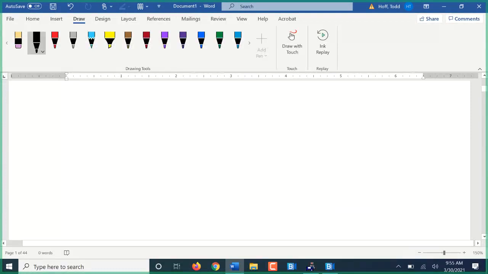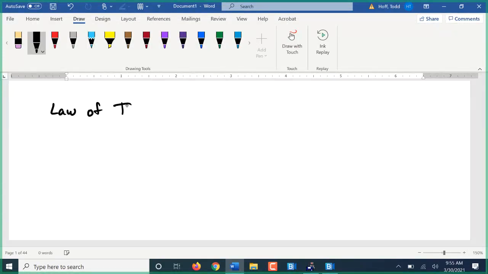We mentioned law of sines, mentioned law of cosines. What about law of tangents? Law of tangents is a thing. Law of tangents can actually be used in place of, in the exact same situation as the law of cosines.